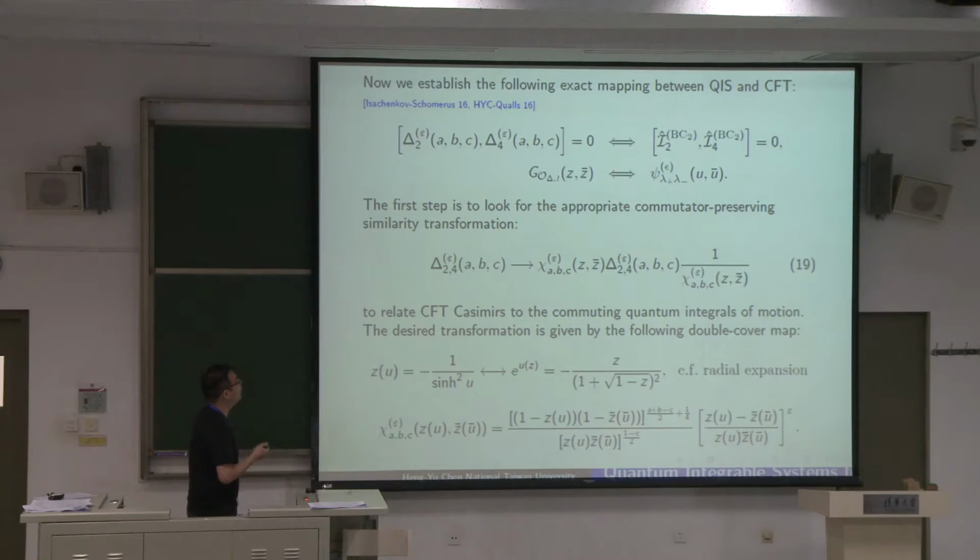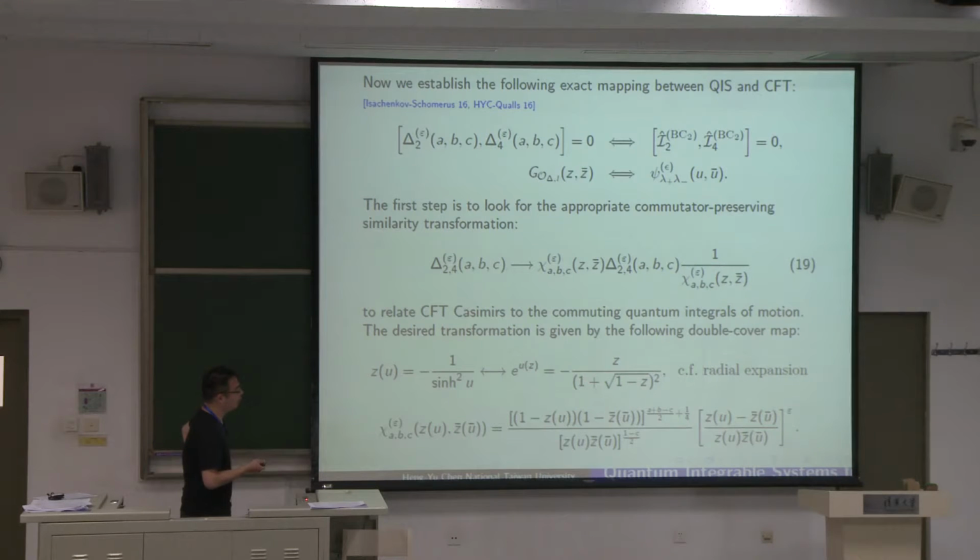We can see that both of them, of course, commute. So we basically have to find the appropriate similarity, commutator-preserving transformation to relate the CFT Casimirs to the commuting integrals of motion. The desired transformation is given by the following double cover map. For those people who are in this game, they notice this is basically like a radial coordinate change, but up to a minus sign.